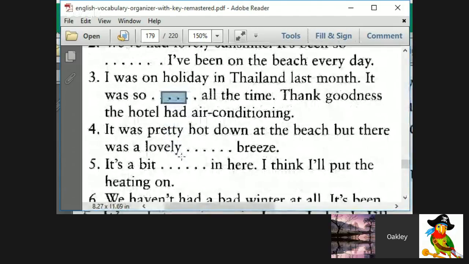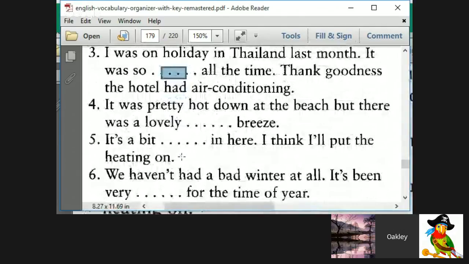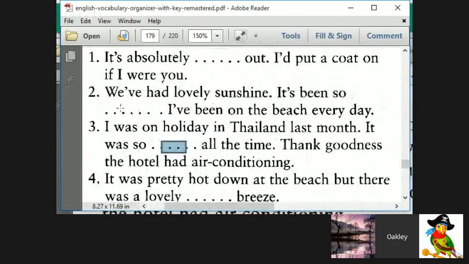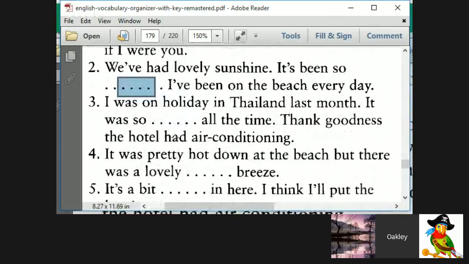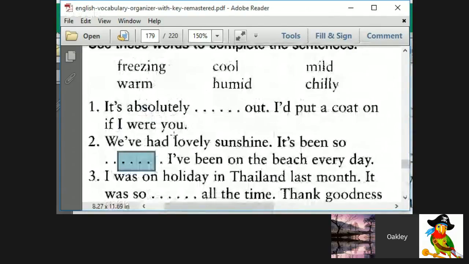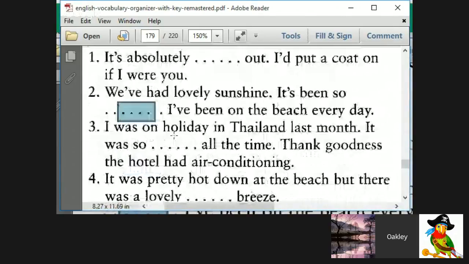Thank God the hotel had air conditioning. I think it's the humid. No, because if there's air conditioning, it means something is hot.